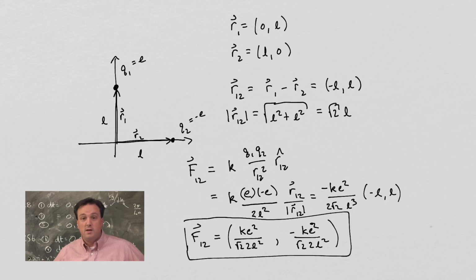Lo and behold, I've come up with an answer that I am perfectly happy with, right? So not only have I ended up with something that's a vector, but I actually didn't even have to take a cosine or a sine in here, right?